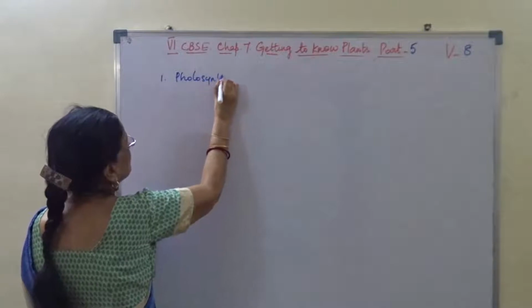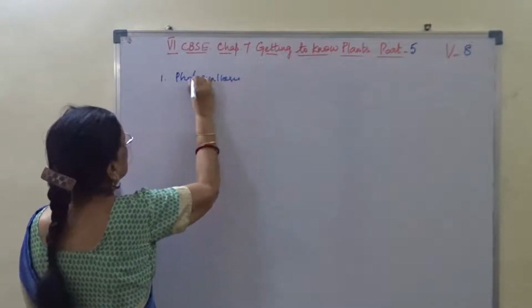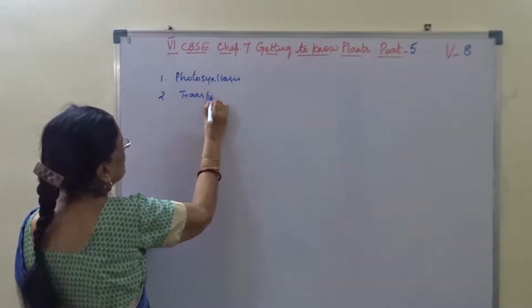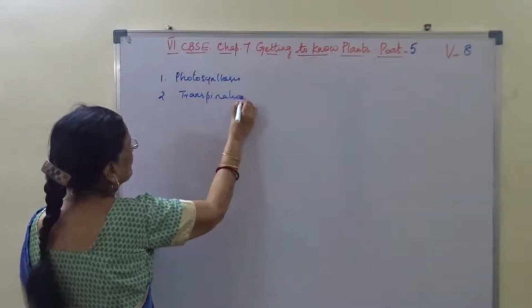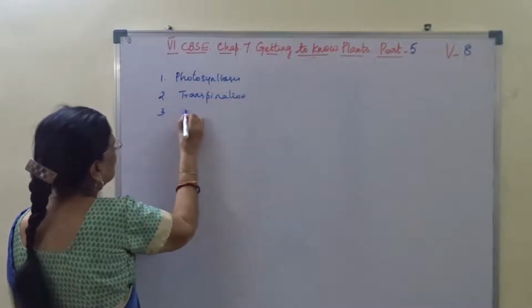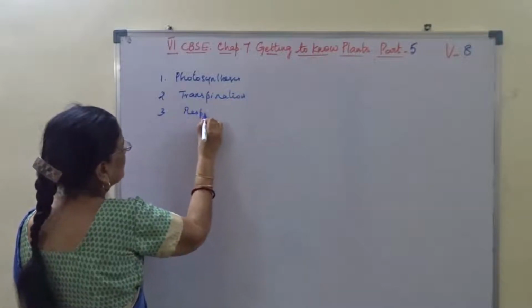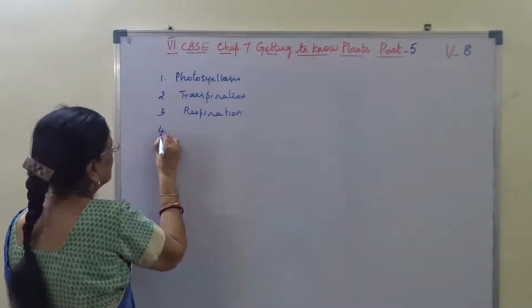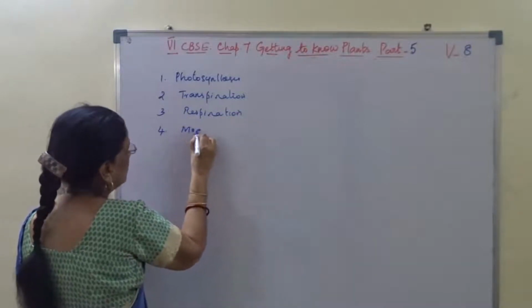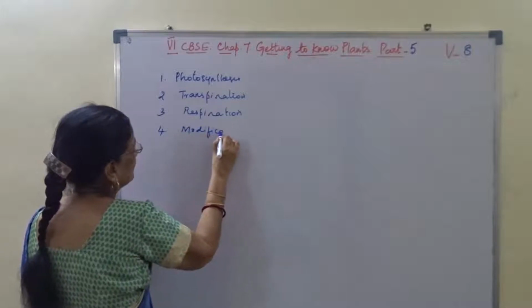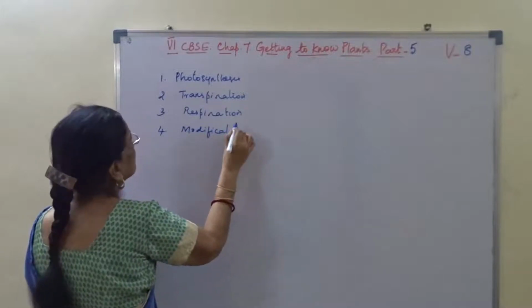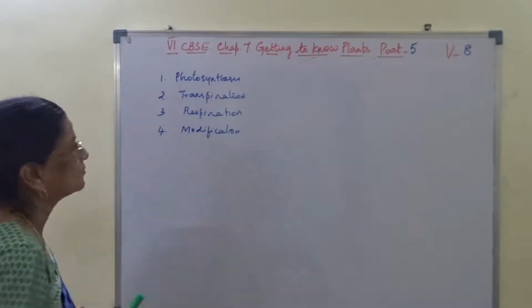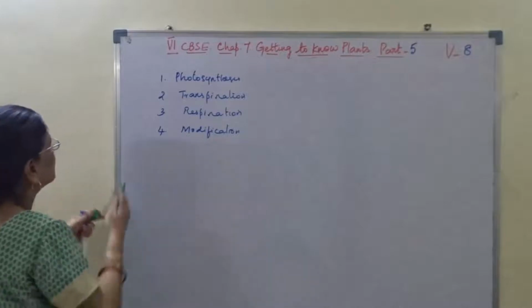Second one, transpiration. Third one, respiration. And fourth one is modification. These are all functions of leaf.